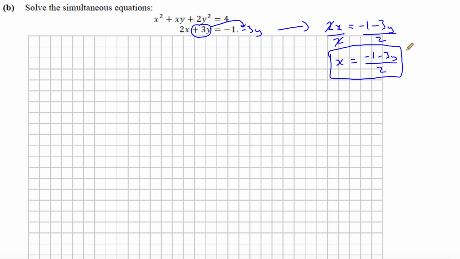So now I'm going to take this and plug it into the other equation in place of x. I'm going to substitute in for both these x's.